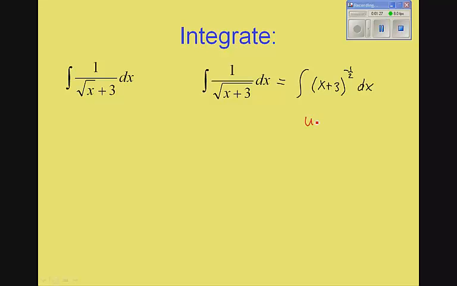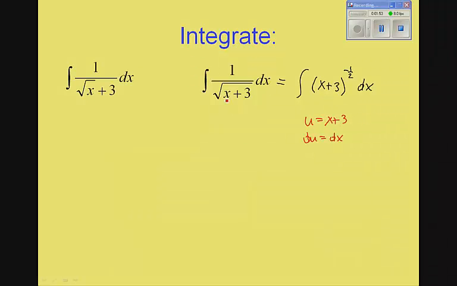Let's let u equal what? x plus 3. And if I do that, du equals dx. So again, I don't have to be so nice. I could put 2x plus 3 under the square root, and then du is 2 dx, right? And then you have to be a little more careful when you do your substitution.